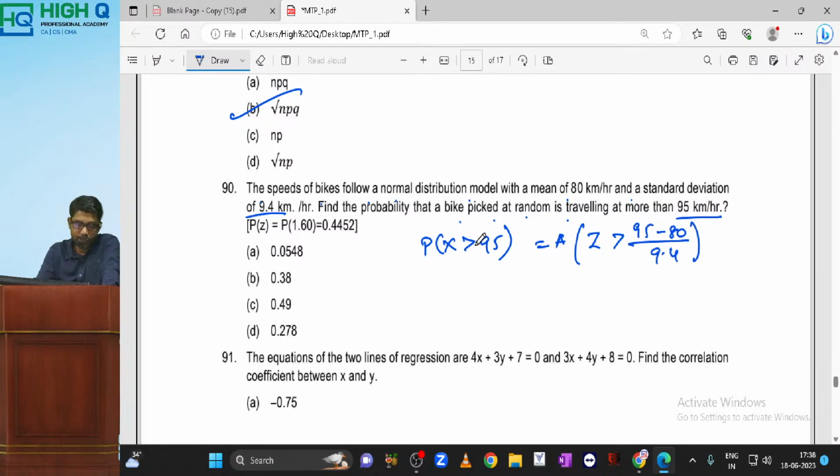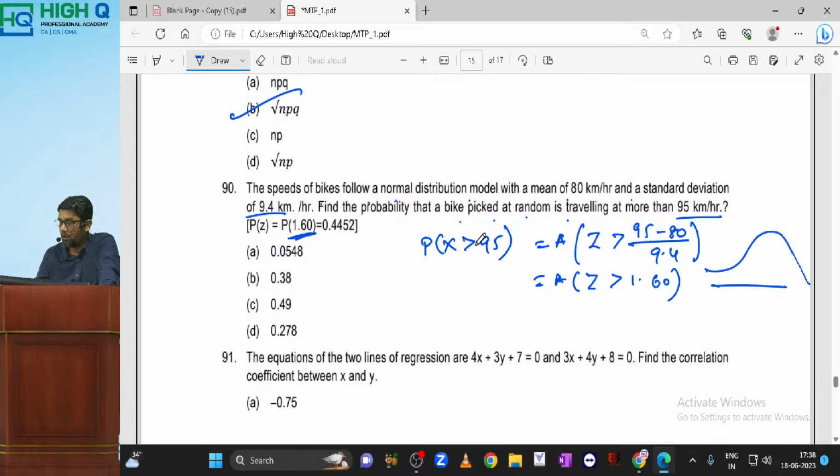Tell me, my dear, what is it? 95 minus 80 divided by 9.4, 1.595, which is nothing but 1.60. This is what is given. Area under the curve z more than 1.60 is to be found out.